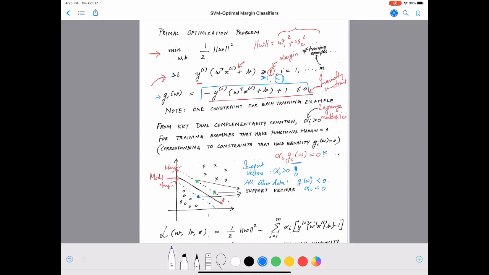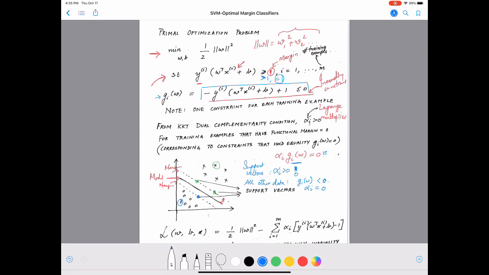So think about it intuitively. When we want to place the line, would this point at the far end matter? Not really, because this is really far away from the line. Would this point matter? Not really, because it is really away from the line.